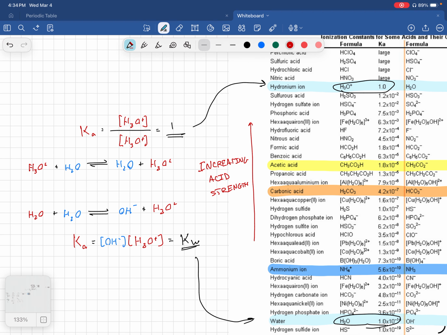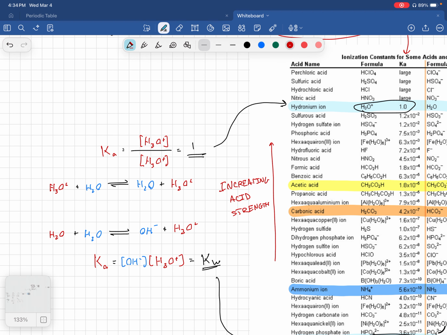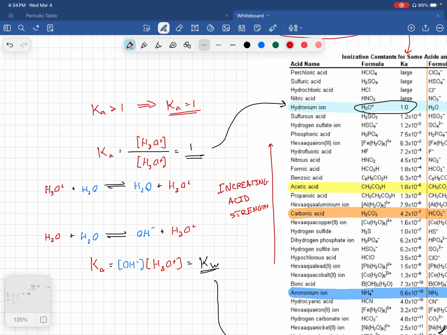And so here's the issue we run into. For any acid that has a Ka that is greater than 1, meaning it's very product favored, we're only going to be able to get a value of 1 as the Ka if we try to calculate it.